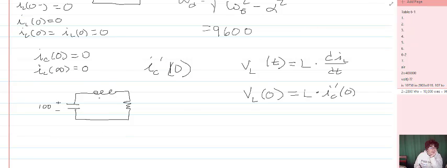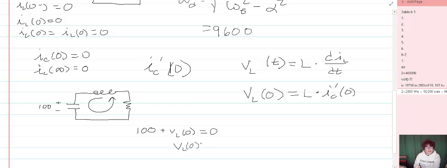And now let's use KVL to figure out the voltage across the inductor. Okay, so we know that the voltage across the capacitor is 100. Our current is 0, so there's no voltage change from the resistor. So then plus the voltage across the inductor has to equal 0, or VL of 0 equals negative 100.